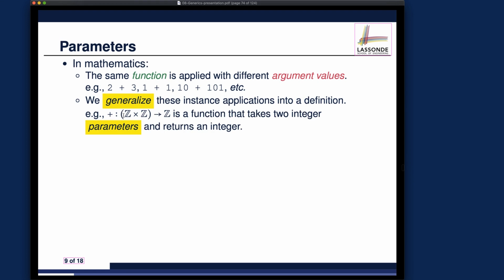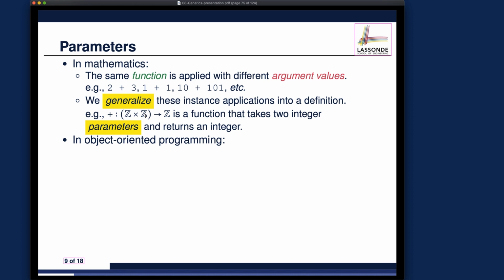Let's say we have a function called addition, and it's simply going to take an integer x and another integer y. So that's basically the parameter idea in math. The main point is I want to show you that the generic parameter is not a unique idea. It has been there since when you learned mathematics.